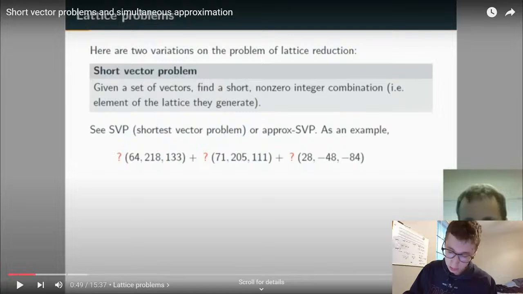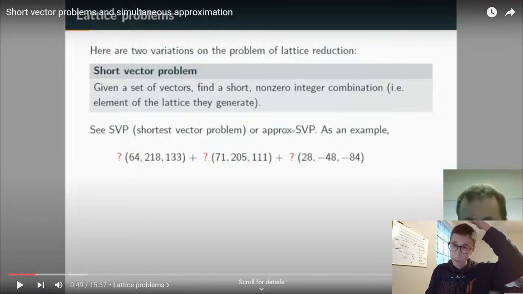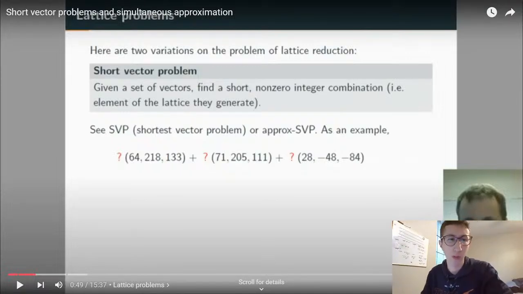Okay, so this looks like a pretty straightforward linear algebra problem. Well, actually, not really. So let's think about which combination of vectors would produce such a small output.